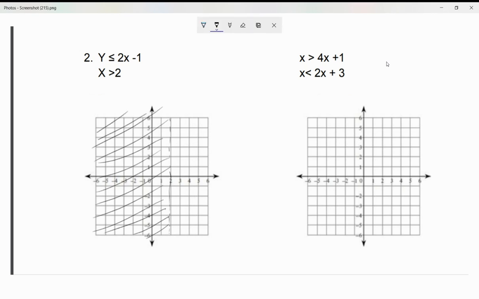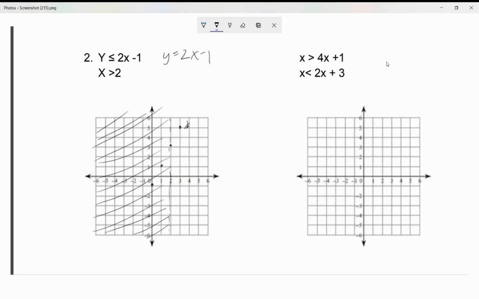Okay, for this one, you can just think of it as the equation, right? So y equals 2x minus 1. And if you have to draw the line for that, well, it starts at negative 1, right? It goes up 2, up 1, up 2, up 1. Wait, not here.